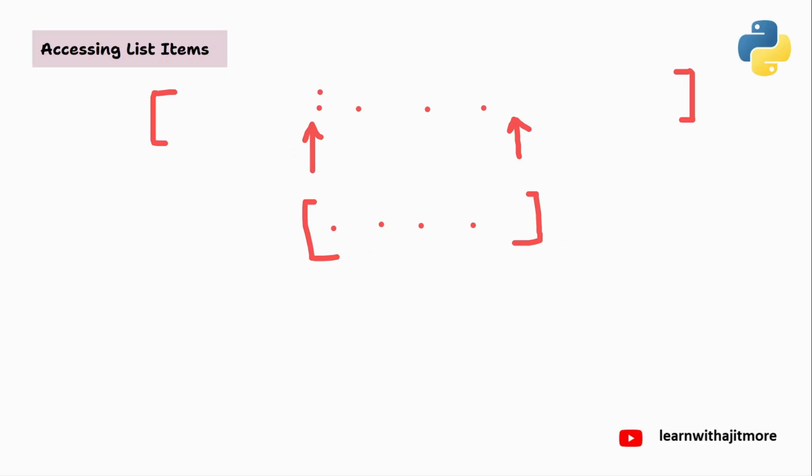Getting? So part of a list means I just want a part. Part means it's not going to get deleted from the original list. Whatever elements are there from that position till next position, it will just create another list called a copy list in which only those elements are there from that start position till end position.